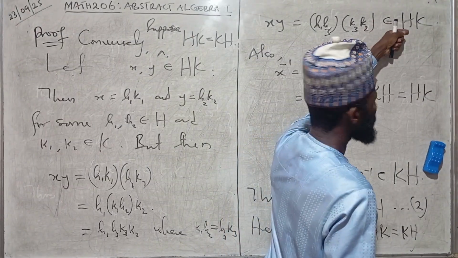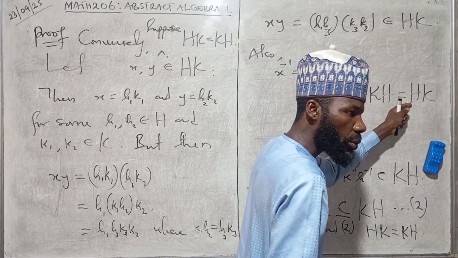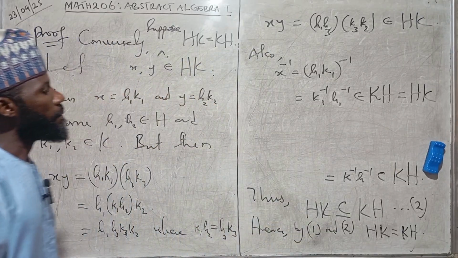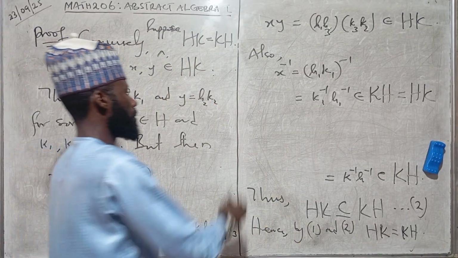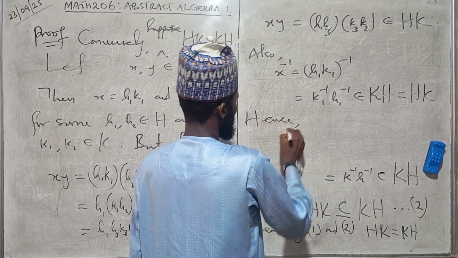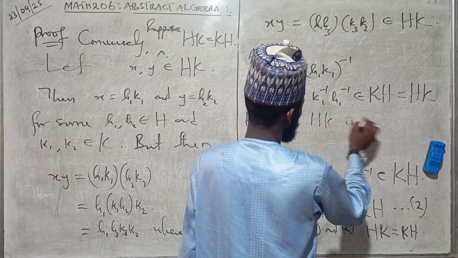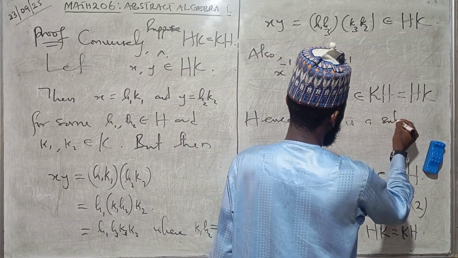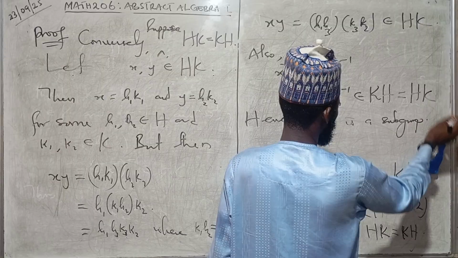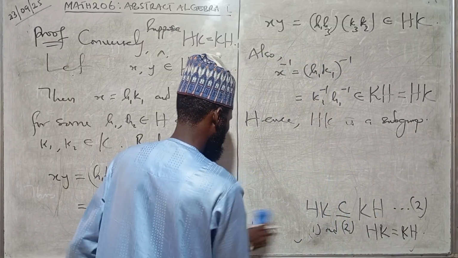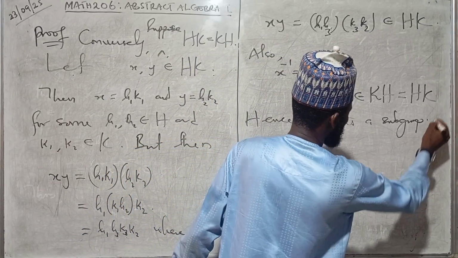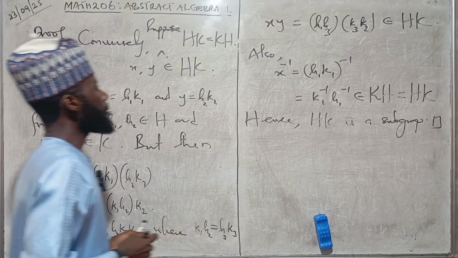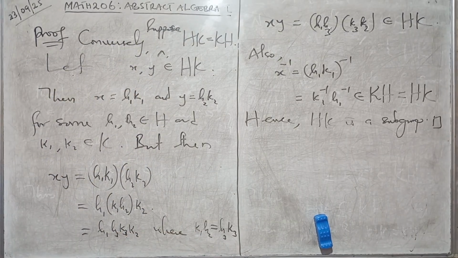HK is closed under multiplication. It is also closed under taking inverse, hence HK is a subgroup. All right, so this proves the theorem. This is the proof of the theorem.